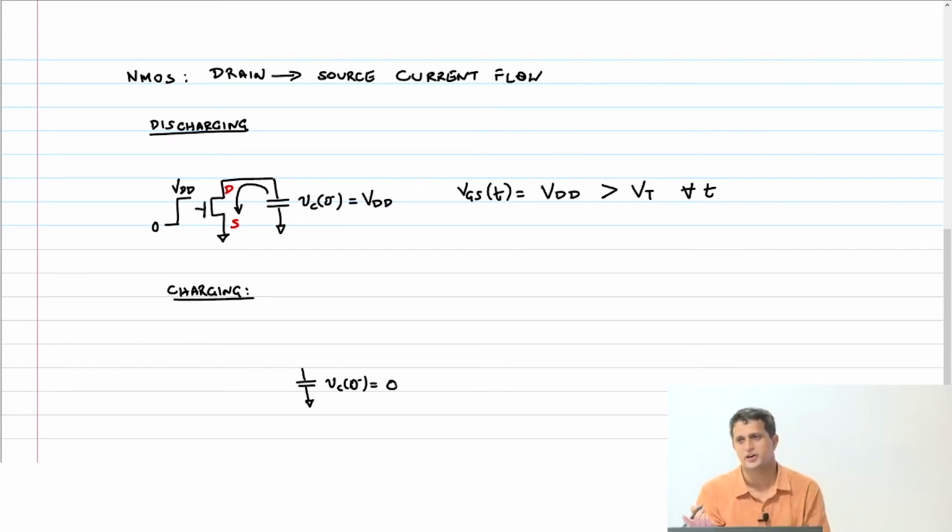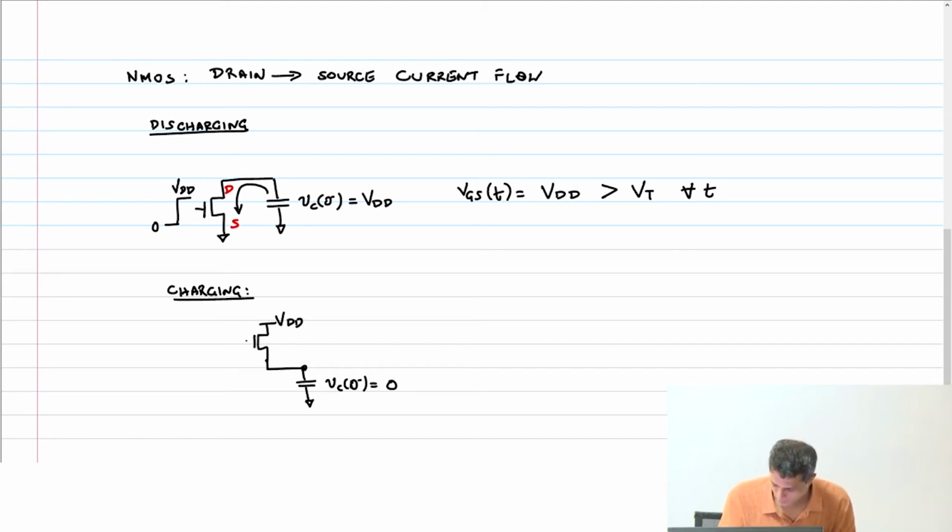The capacitor has been discharged. Now I am trying to charge this all the way to VDD, right. So therefore, this is VDD. What should I apply on this gate again? Same thing, right. A pulse going from 0 to VDD instantaneously.